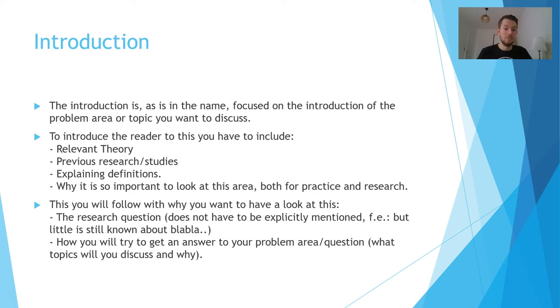You can introduce a research question like, okay, and that's why the paper has as research question and so on. But I would even strongly recommend having an implicit one, like, but it's still lacking on this and this and this. This paper will therefore look into the effect of A on B in the C setting.